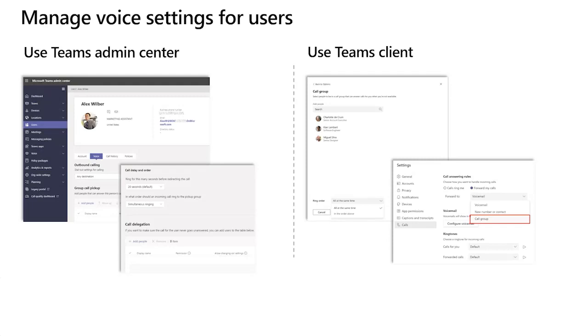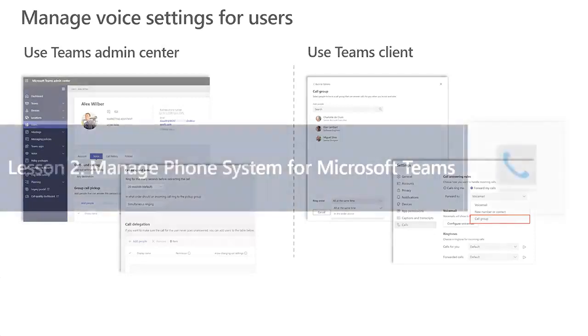In other words, if we choose simultaneous ringing for the pickup group, multiple people have their phone ring at the same time. First person to answer the call gets the call. From the Teams client, we can also choose call answering rules, whether or not to forward calls, and if so, to forward to voicemail, to a different number, or to a call group.